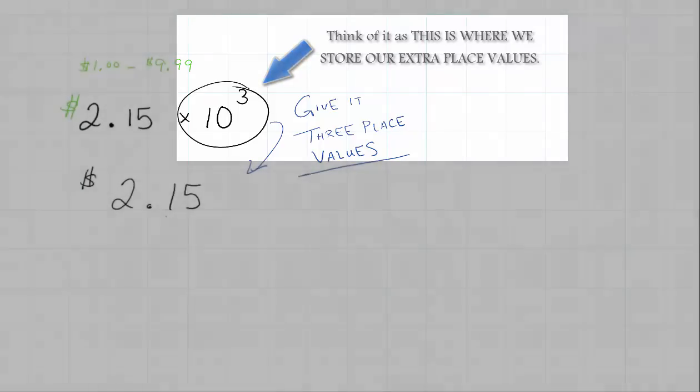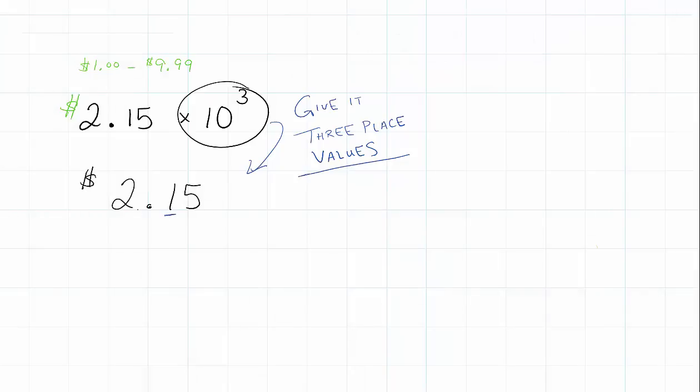Let's see. I'm going to make it 1, 2, 3 place values bigger, which means this number wasn't $2.15 to begin with. It's $2,150 all along. Well, I like that a lot better than $2.15. I don't know about you.